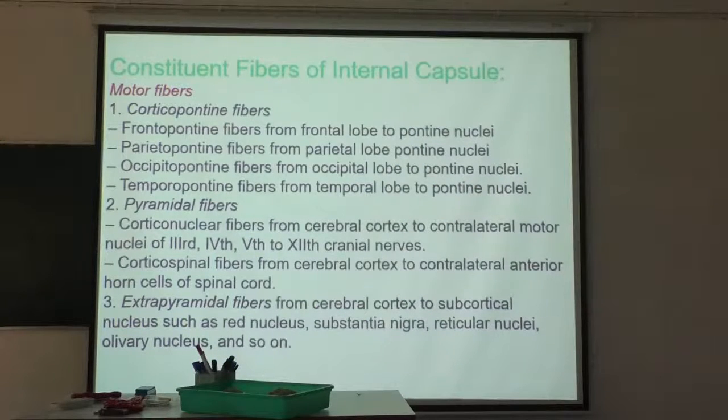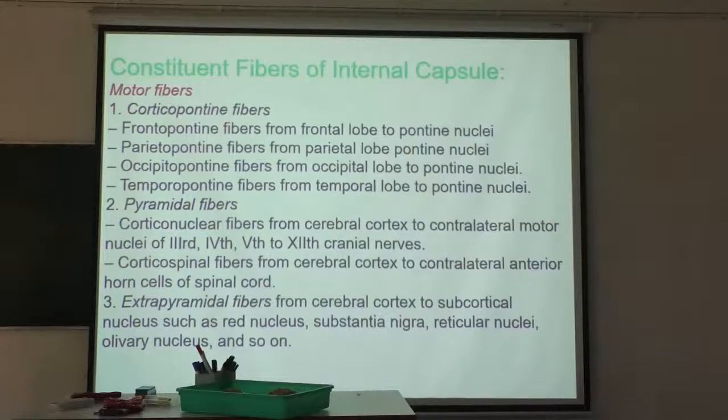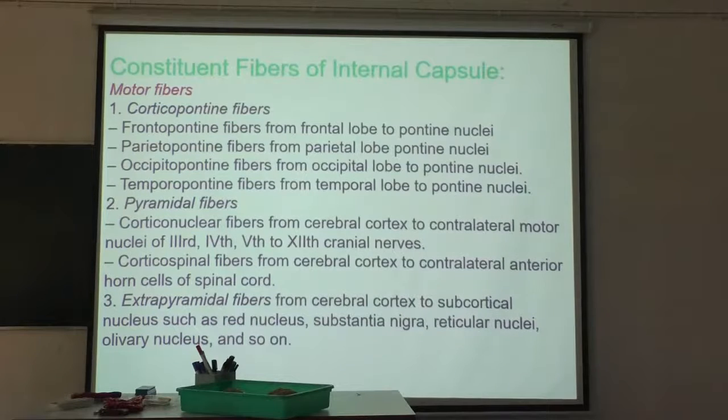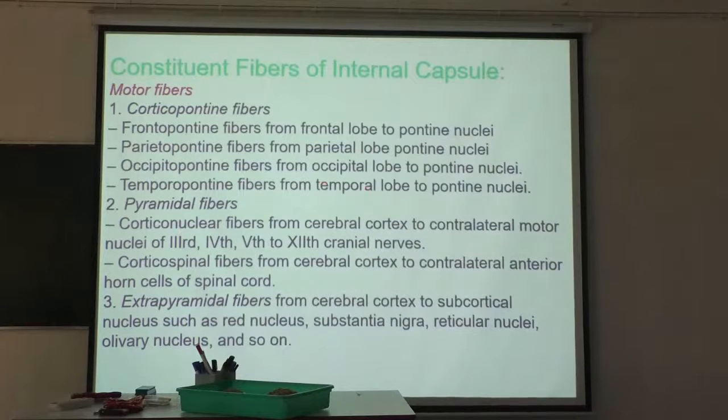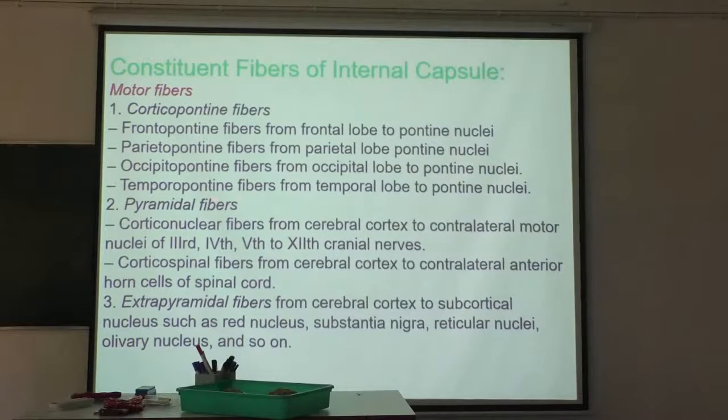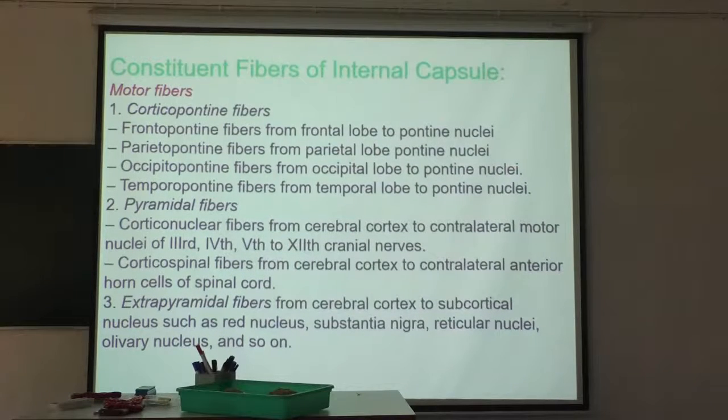So these are the motor fibers, constituent fibers of the internal capsule. Motor fibers are corticopontine fibers, pyramidal fibers, extrapyramidal fibers. Corticopontine are again from all these lobes: frontopontine, parietopontine, occipitopontine, temporopontine, coming from the respective lobe to the pontine nuclei.